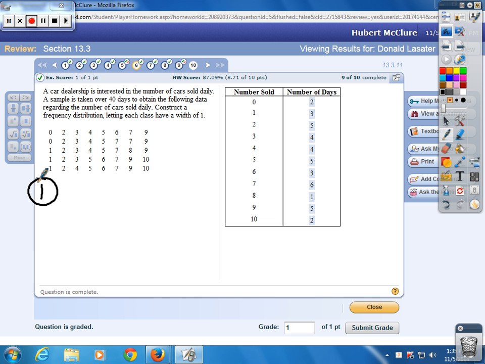Put it in order. Put the data in order. This is data because it's like test scores. Now, they probably already have it in some type of order. They do: 0, 1, 2, 3, 4, 5, 6, 7, 8, 9, 10.